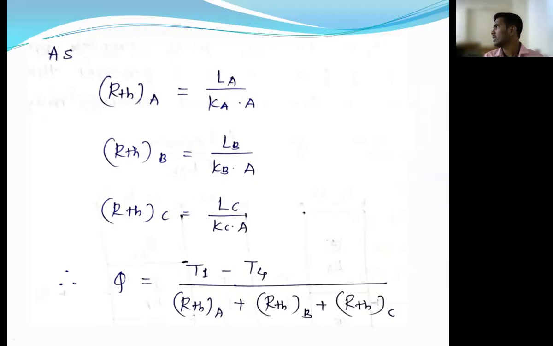In the form of thermal resistance, we have to write down this equation. If the thermal resistance is known to us, at that time we have to use this equation: Q is equal to T1 minus T4 divided by thermal resistance of plate A plus thermal resistance of plate B plus thermal resistance of plate C.